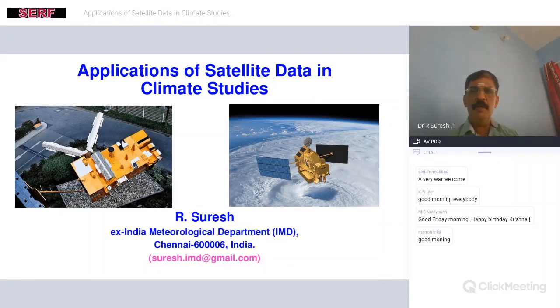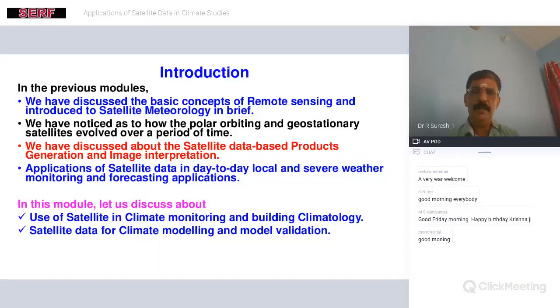So in this module, we are going to cover the utility of satellite data in climate studies. As a recapitulation of whatever we did earlier, we covered the basic concepts of remote sensing, and we introduced ourselves to satellite meteorology in brief.